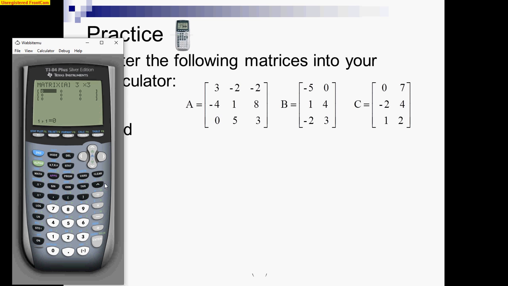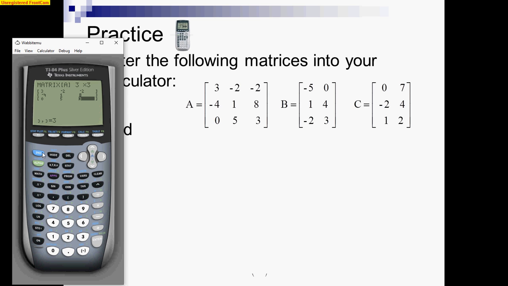And then the entries are 3, -2, -2, and so on. So there is the first matrix.